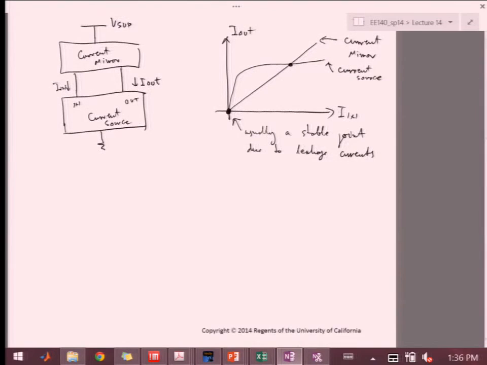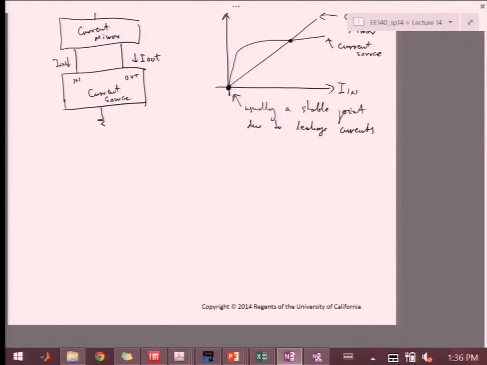So let's take a look at some circuits, how we can realize this. As a current source, we can use the source that we derived a few lectures ago. This was the one that was not as sensitive to the supply voltage, because it was VGS1 over R, so it wasn't dependent on the supply.